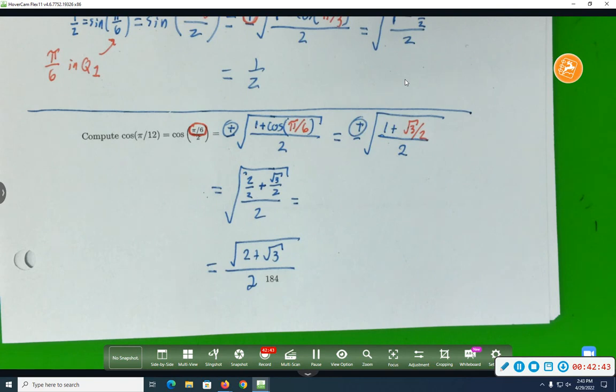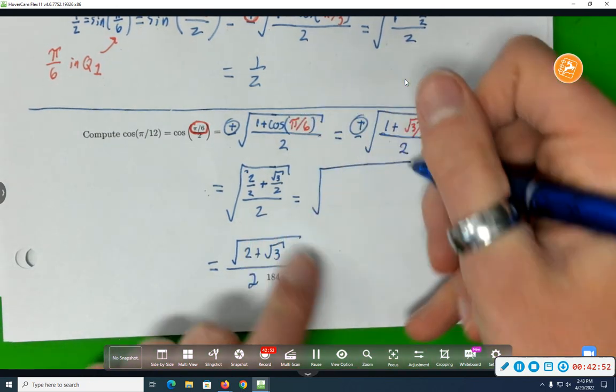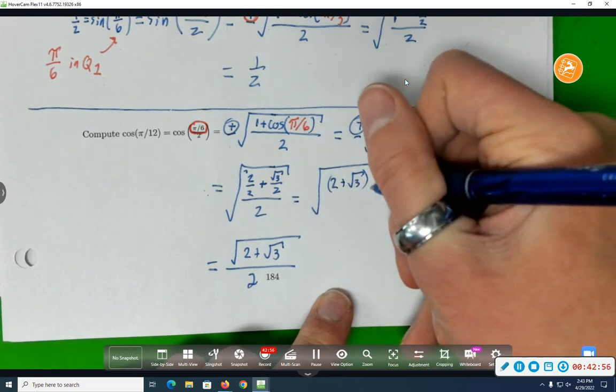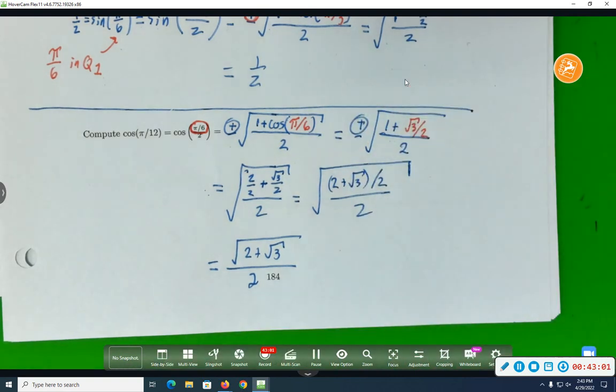There's kind of a step skip there. Do people want to see the skip step? Yeah, okay. So, the skip step was add these fractions. So this will be the square root of 2 plus the square root of 3 over 2, then divide by 2 again. When you divide something by 2 and then divide it by 2 again, what's that the same as? Dividing by 4. What's the square root of 4?